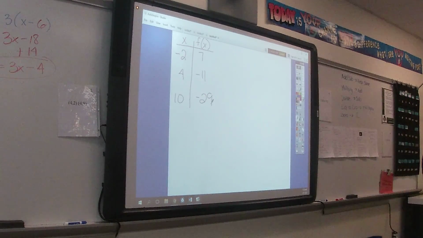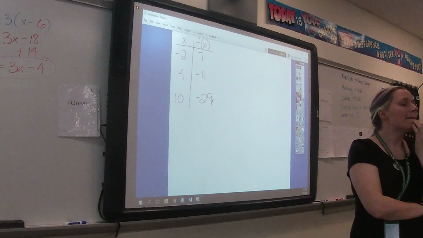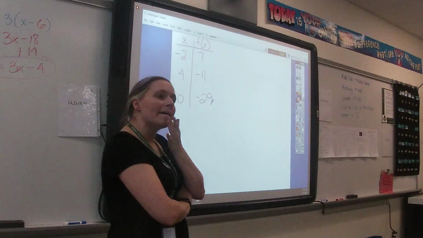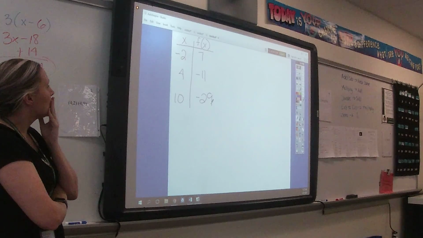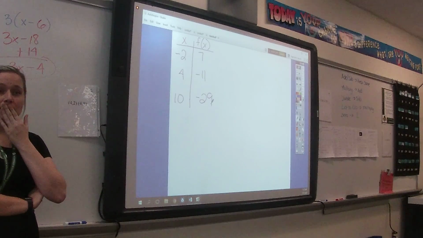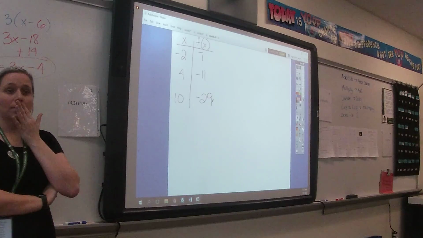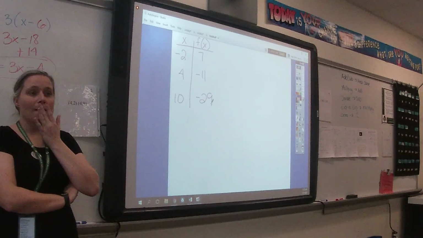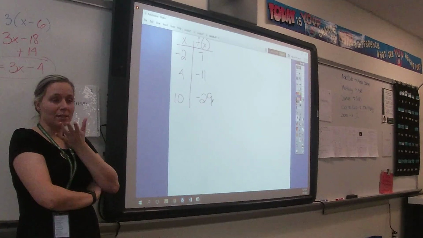We want to write the equation of the line that will represent this data. What do we think we want to do? Where do you want to start, Cade? It's f of x. Up there it does say f of x, which also means y.